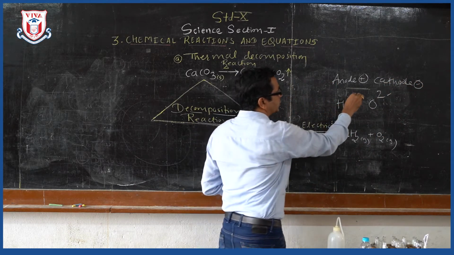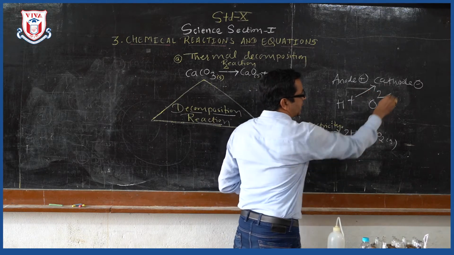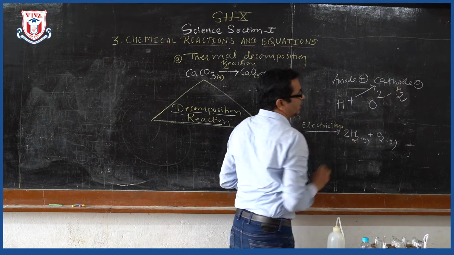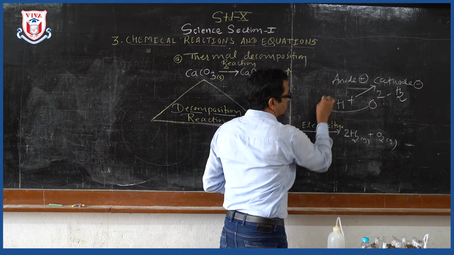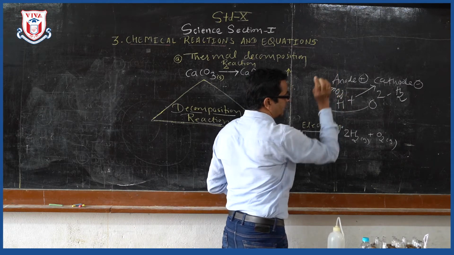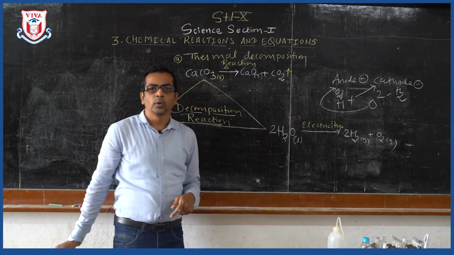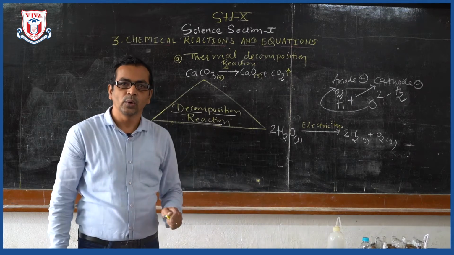So hydrogen will liberate at the cathode and oxygen will liberate at the anode when you carry out the electrolysis.